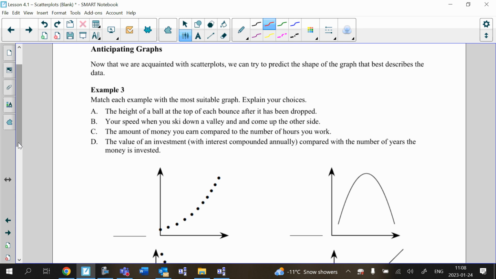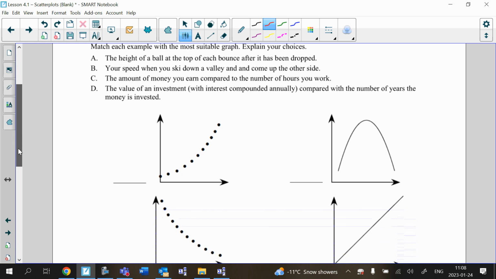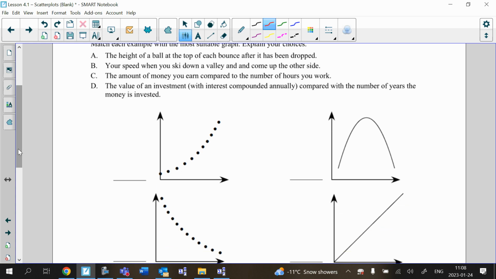So you drop a ball, and then you're measuring its height after every bounce. This one? So that means that the ball bounces low and then it starts bouncing higher and higher, and then it starts bouncing lower and lower again.